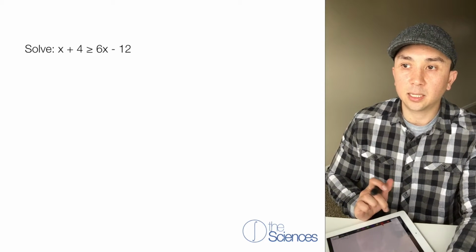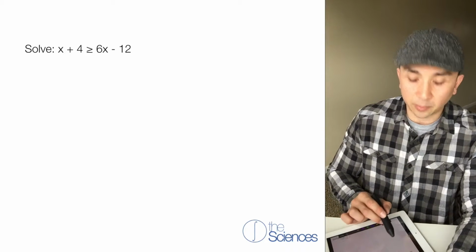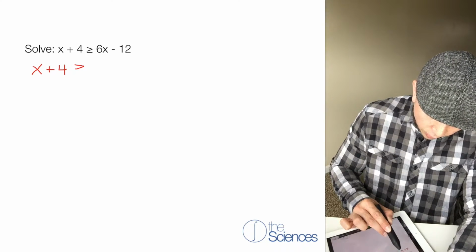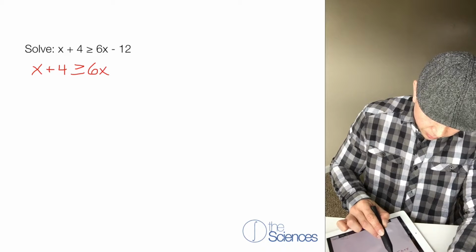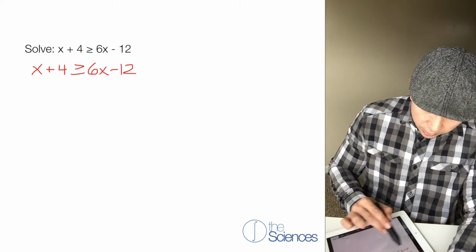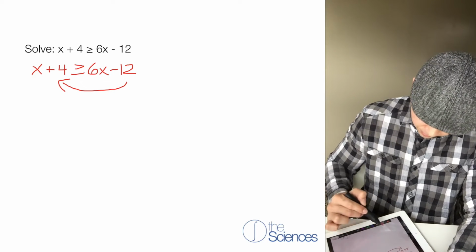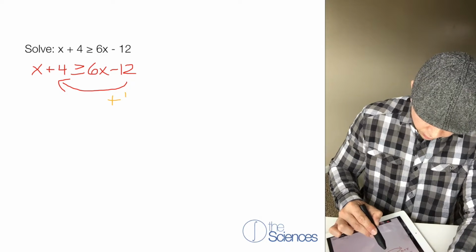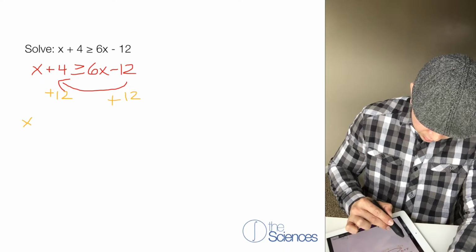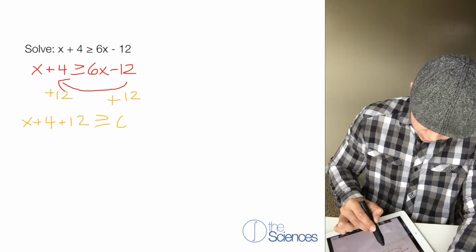Let's solve x plus 4 is greater than or equal to 6x minus 12. So the first thing we can do is move 12 to the other side of the inequality by adding 12. So we get x plus 4 plus 12 is greater than or equal to 6x.